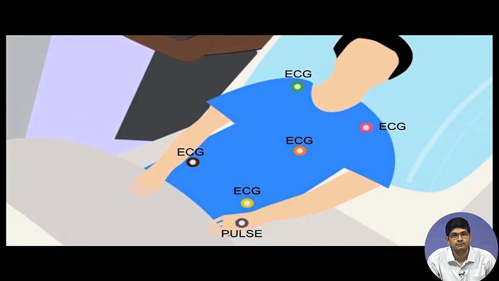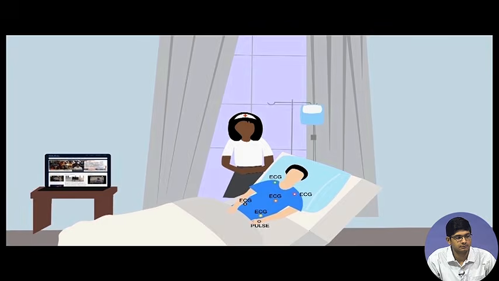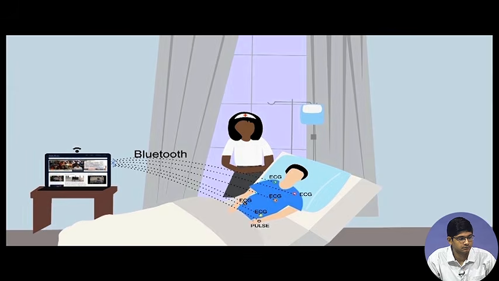These heterogeneous sensors together make up the sensing layer of the IoT architecture. The sensor nodes fitted on the patient's body are equipped with a Bluetooth transceiver unit which is used to send the sense data to a local hub for data aggregation and preliminary processing.